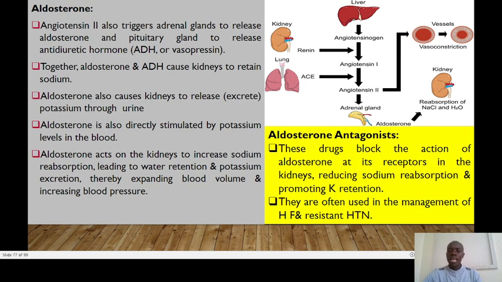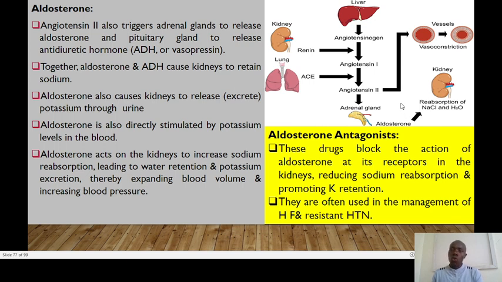The last group, guys, is aldosterone antagonists. Remember aldosterone. Normally, angiotensin 2 will trigger the adrenal glands to release aldosterone, and also stimulate the pituitary gland to release ADH.